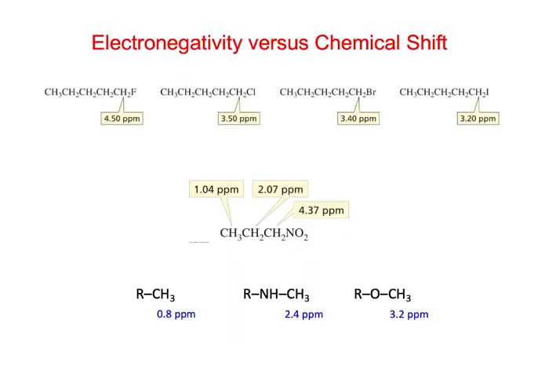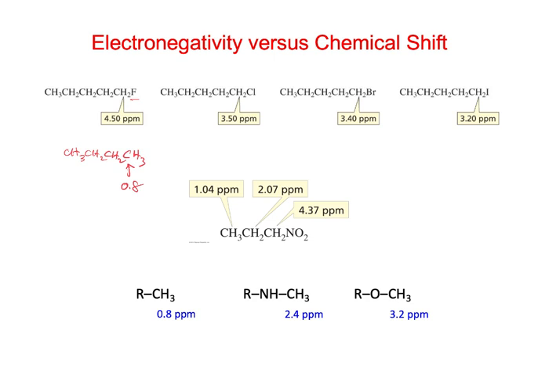So we were just looking at some different effects from electronegativity. When we have electronegative atoms, they pull electron density away from the nucleus, and that causes de-shielding, downfield movement of the protons. For example, if we had an alkane as a reference, with an H instead of a fluorine, then these terminal signals would be about 0.8 parts per million.